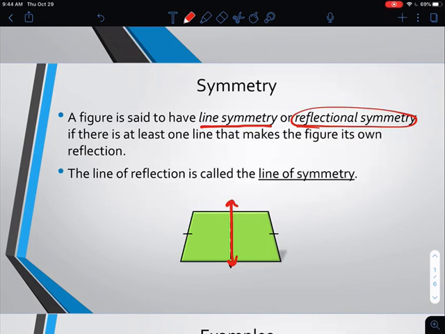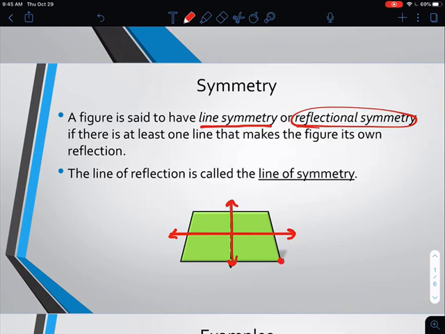Now there are times where you might feel like there might be more lines, because there could be more than one line of symmetry within a given figure. So you can always test ones out. So for instance, I might think, well, maybe horizontal will work. So if I go horizontal right through the middle here, does that also provide a line of symmetry? Well, if we look at that, the top and the bottom, if I try to fold those two pieces together, it's not going to work out.